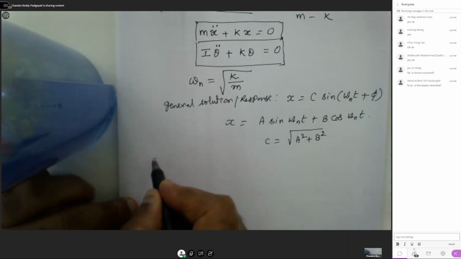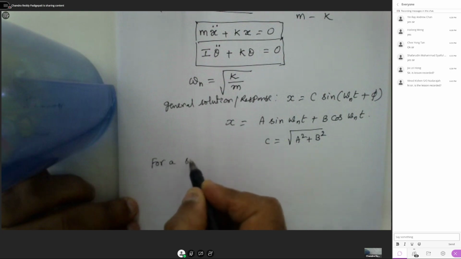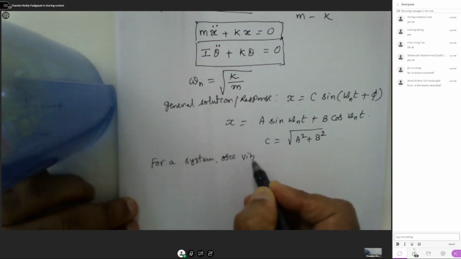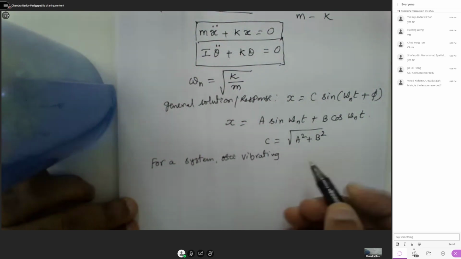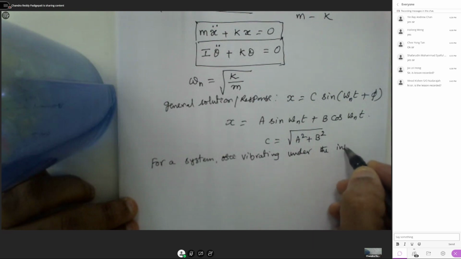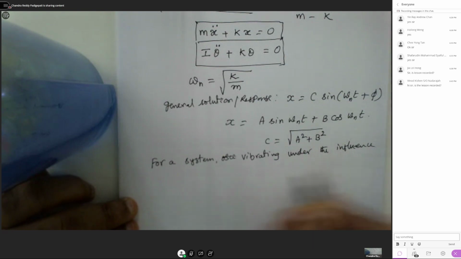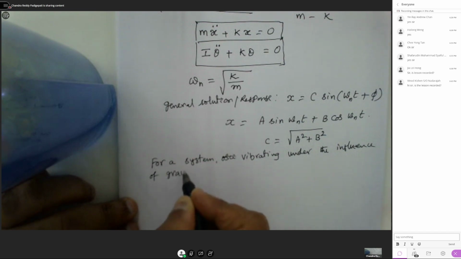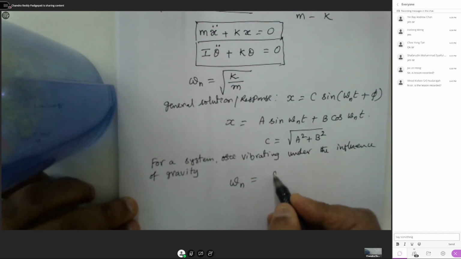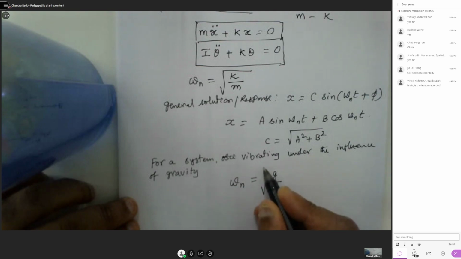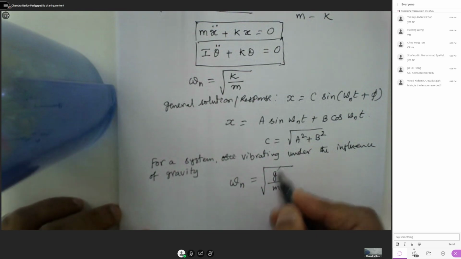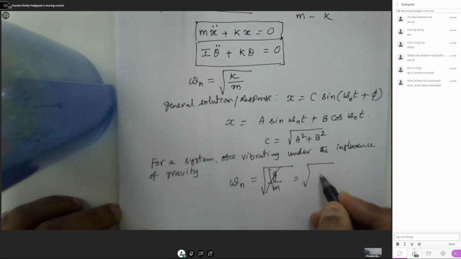Okay, so for a system vibrating under the influence of gravity, we can write the natural frequency as square root of g over static deflection.